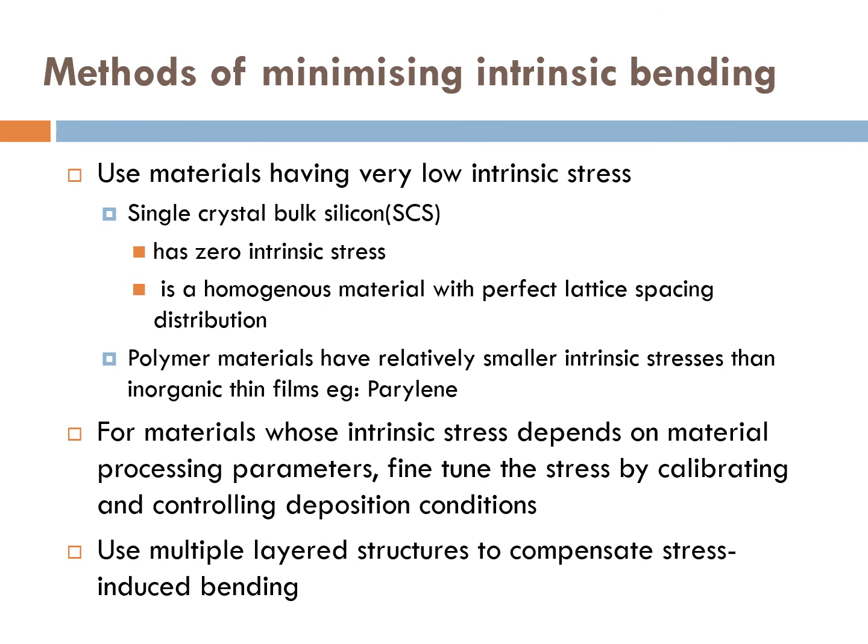For materials whose intrinsic stress depends on material processing parameters, we can fine-tune the stress by calibrating and controlling deposition conditions. And the third method for minimizing intrinsic bending is to use multiple layered structures to compensate stress-induced bending.